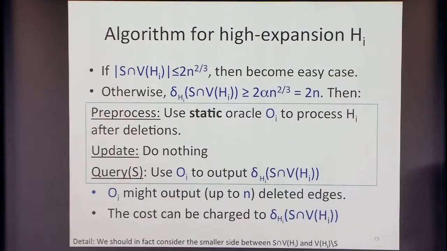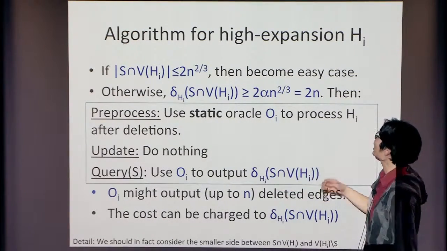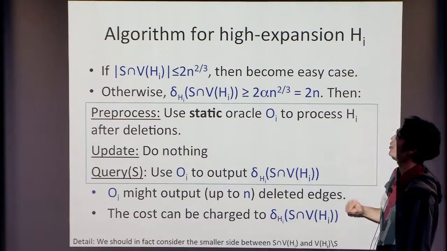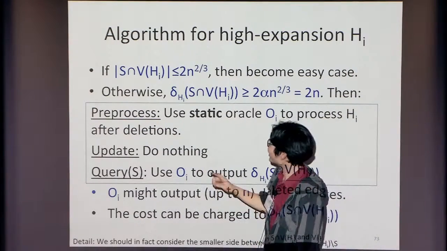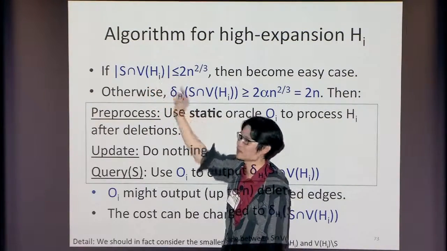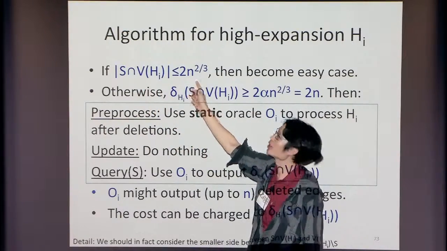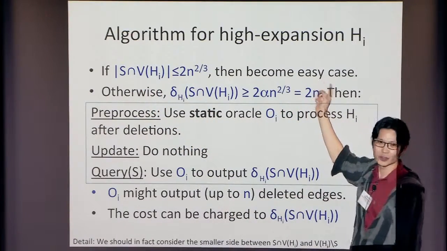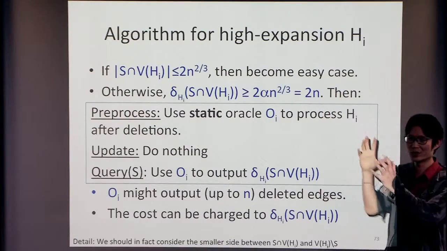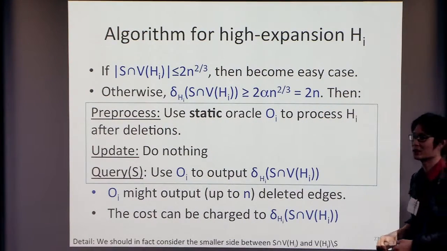Let me go a bit quickly now. For each high expansion H_i, what do you do? There is this easy case where you have this subgraph H which has high expansion, and this is the query. If the intersection is not so large, then you can just use the easy case that we had before, where the query is small. Then you just run the sketches that we had in the previous part.